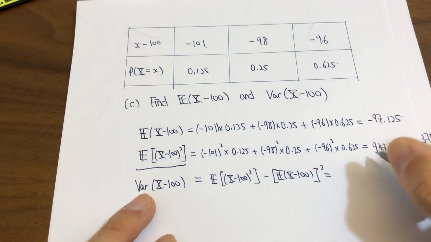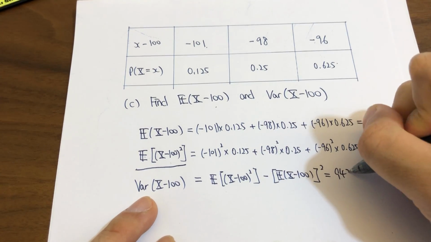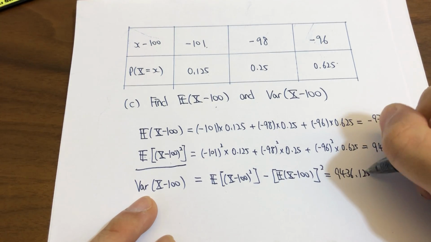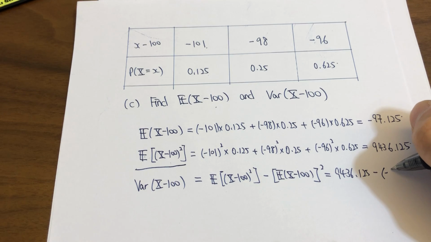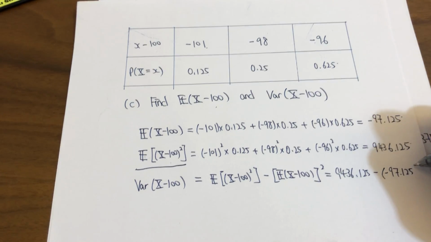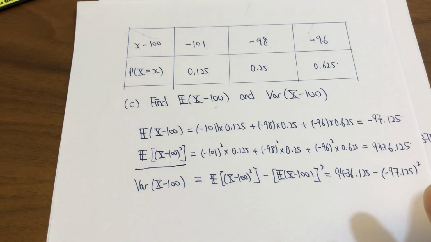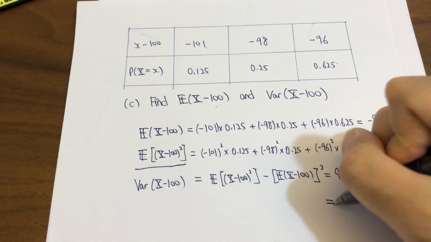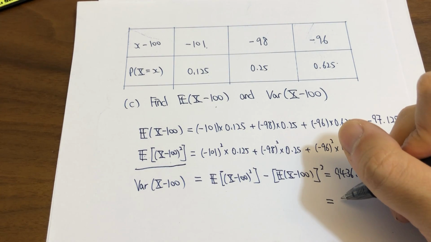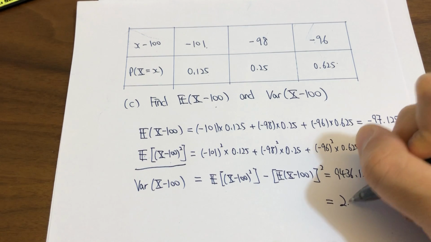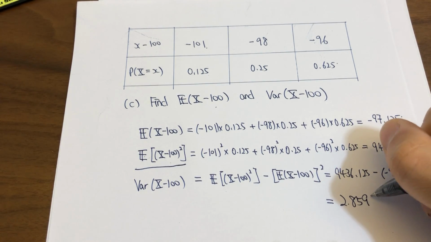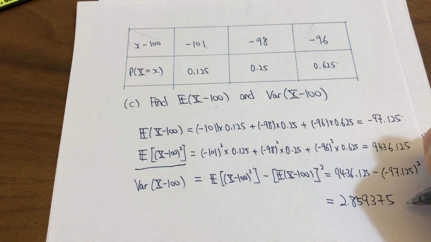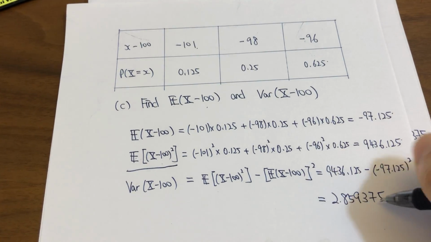So we have 9436.125 minus negative 97.125 squared. And then it becomes 2.85935.